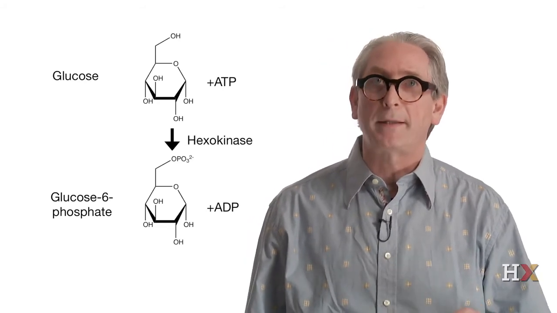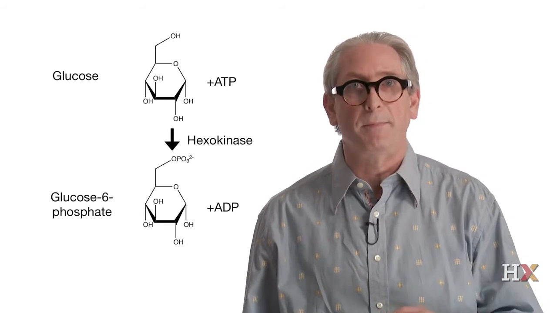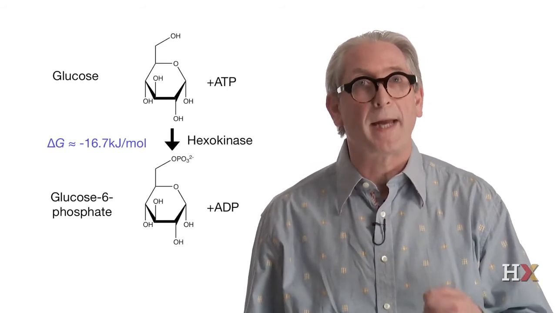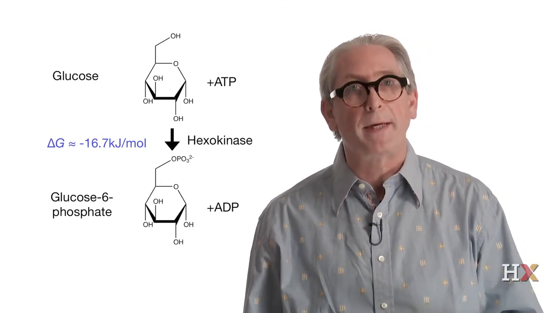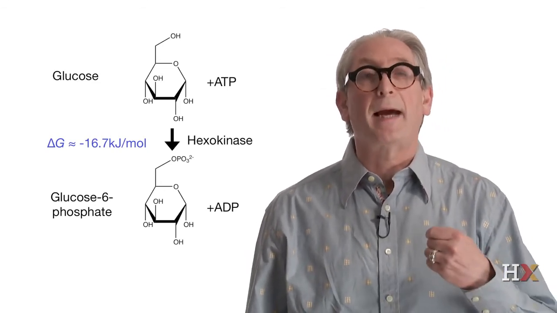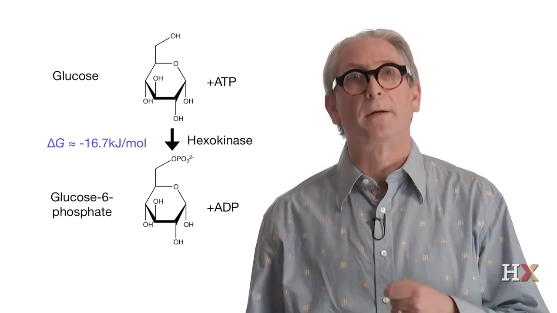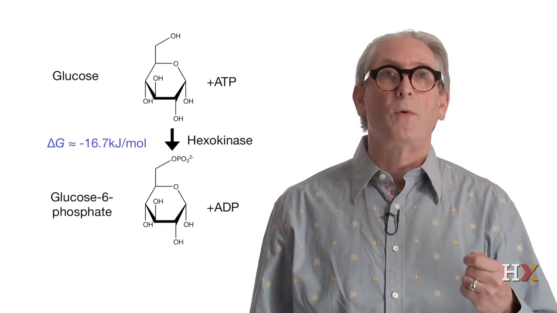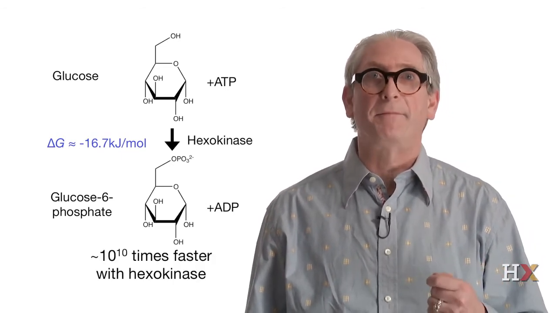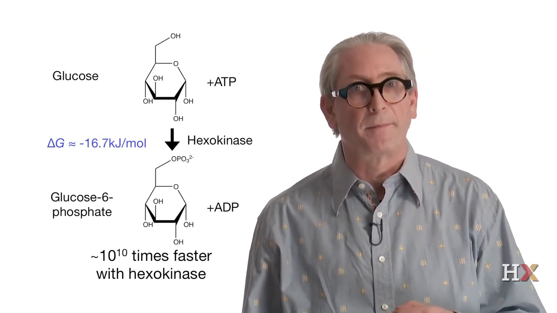If we add to this mix, not changing the concentration of glucose and ATP, the hexokinase, then the rate of the reaction becomes 1.3 times 10 to the minus 3 moles per liter per minute.